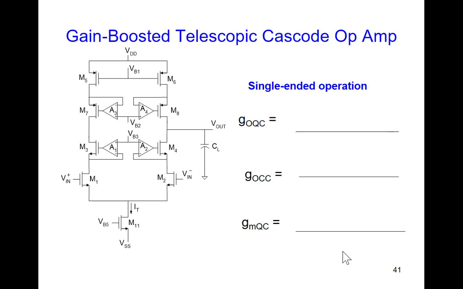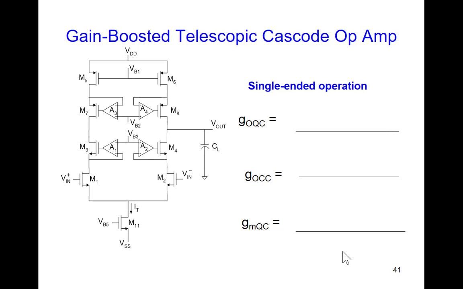With the G out 1 over G out 3, or, so we start out with G out 1, and we improve on that. So it's G out 1 times G out 3 over GM 3, times 1 over A.